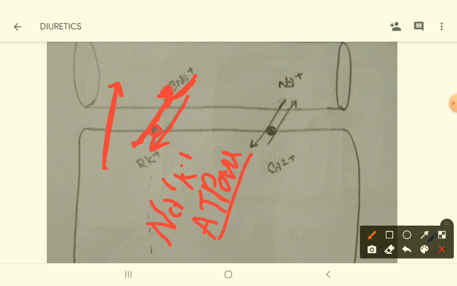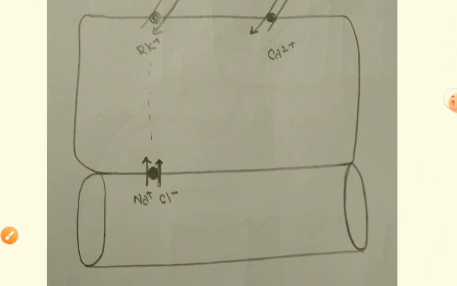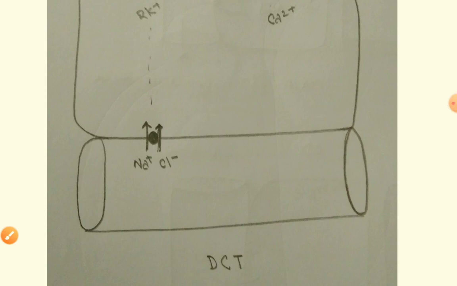Now what happens after getting reabsorbed into the bloodstream? Sodium will come back in exchange of calcium, so calcium will go out and sodium will come in. This is the normal physiology. Now what happens if you give thiazide diuretics?